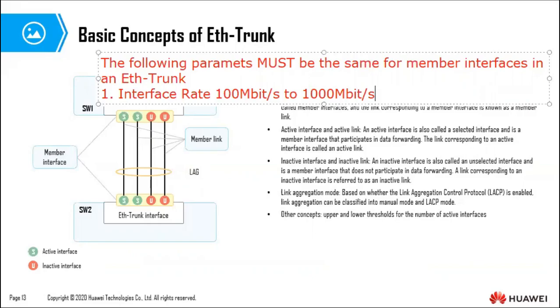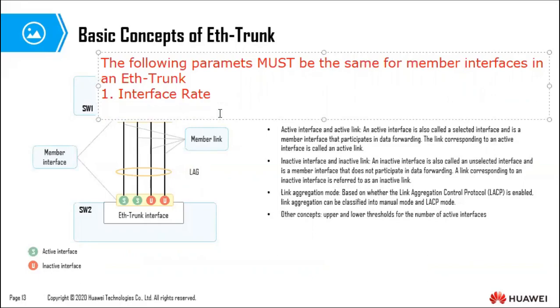Are we together? So that's what we are saying there. Number 2 is the duplex mode. So if all of them are operating on full duplex, you can't have others operating on full duplex and others operating on half duplex.